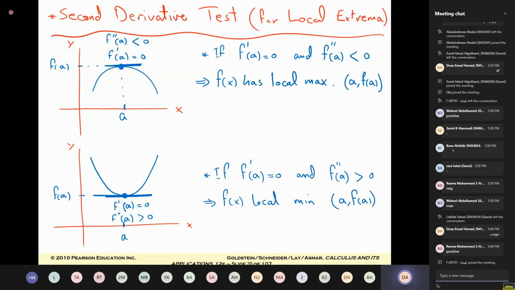If f double prime of A is negative, this is a local maximum.